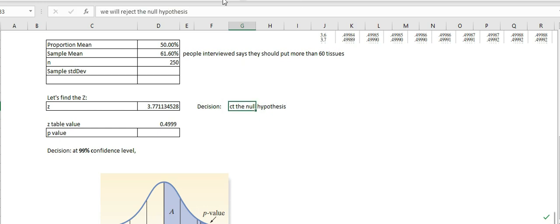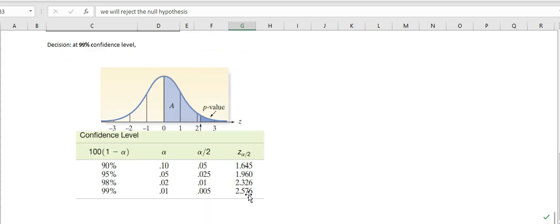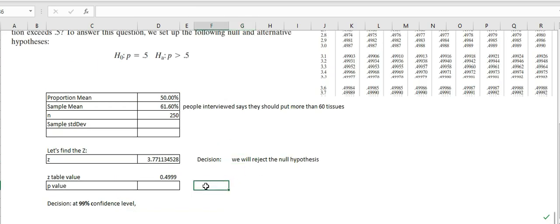So 3.77 is greater than 2.5, so we will reject the null hypothesis.